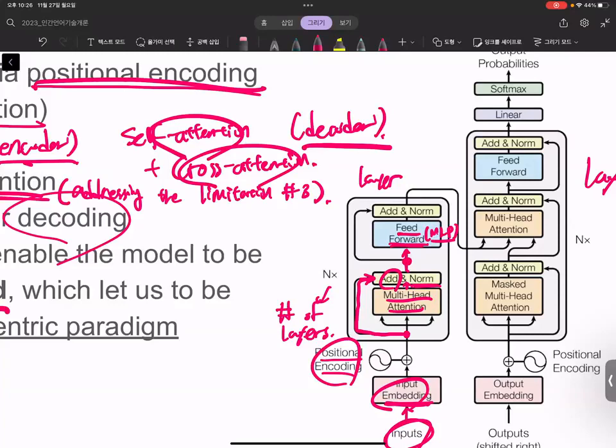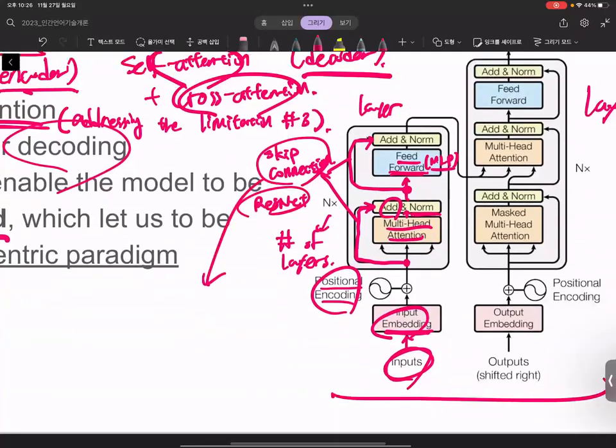So this is basically a skip connection. This skip connection comes from the image domain, ResNet. And this skip connection is known to address the problem of gradient vanishing.